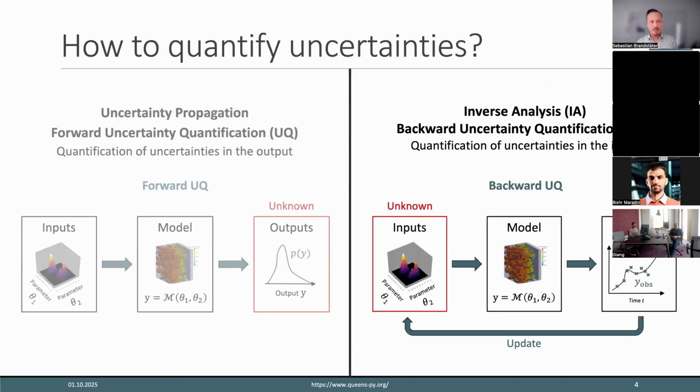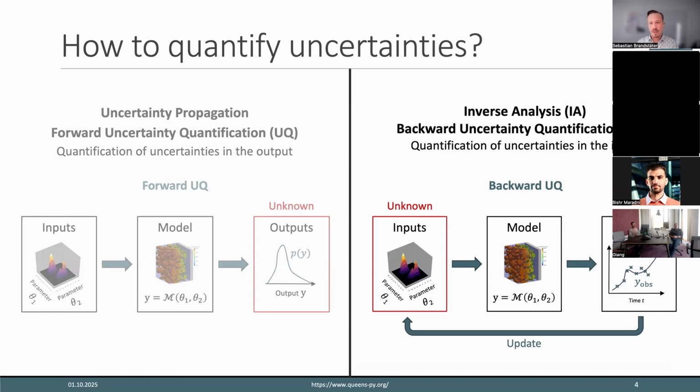We have seen this slide before, with these two different scenarios of uncertainty and how to quantify uncertainties, and that we have these different approaches. In forward uncertainty quantification, we are interested in propagating the input uncertainty through the model to get the uncertainties in our output.